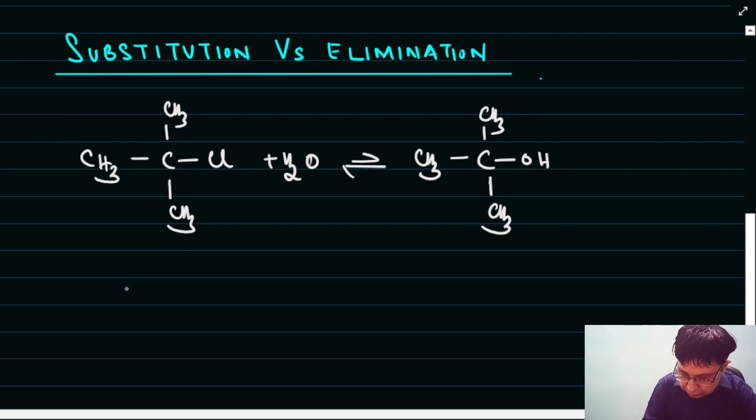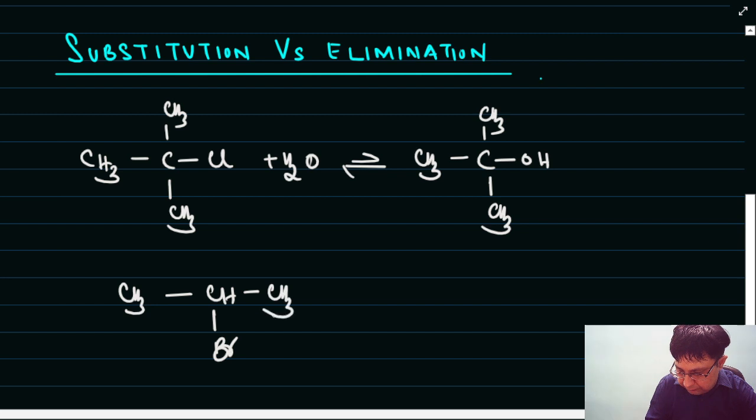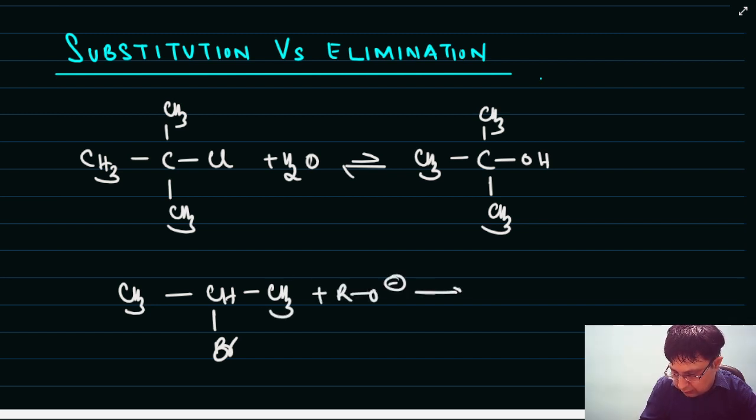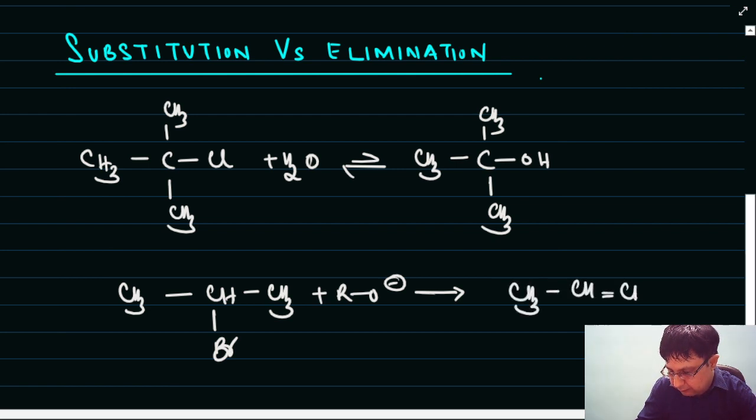But when I do the reaction of the compound CH3 CHBr CH3 with RO minus alkoxide, what is the product that forms over here? It forms the product CH3 CH double bond CH2. It is the alkene that is formed. So the first reaction which we have written is called the substitution reaction.